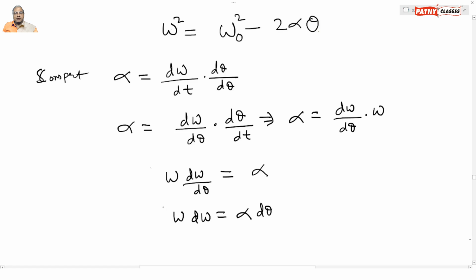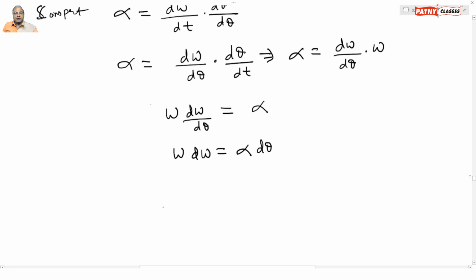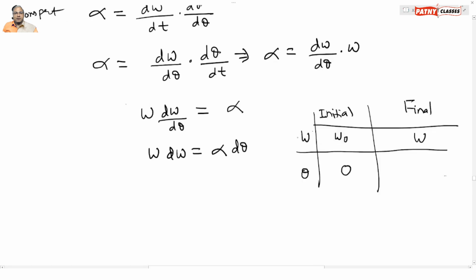Now integrating both sides, here the initial value of omega is omega naught and final value is omega, and for angle the initial value is 0 and final value of angle is theta because the body is moving through angle theta in time t. Now integrating the left side from omega naught to omega, omega d omega, and on the RHS, integrating from 0 to theta, alpha d theta.